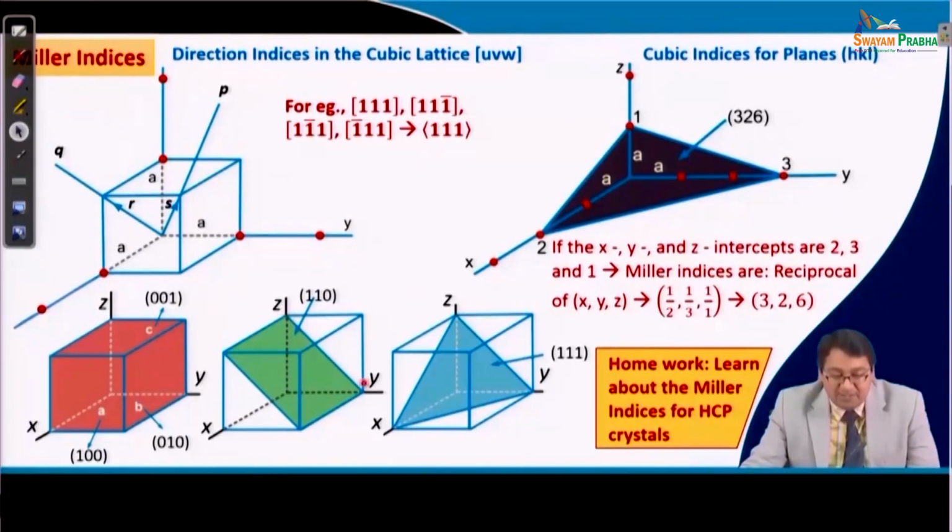Therefore, the plane which is perpendicular to this direction has also the 1 1 0 Miller indices.